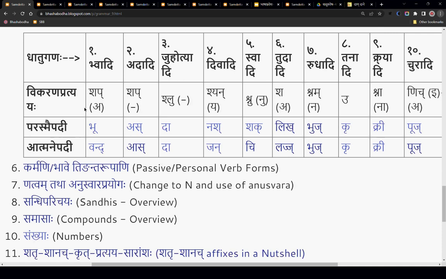And these vikarana pratyayas are actually applicable only to some lakaras, not all lakaras. So let's not get confused right now. Just remember this. What comes in between is vikarana pratyaya.